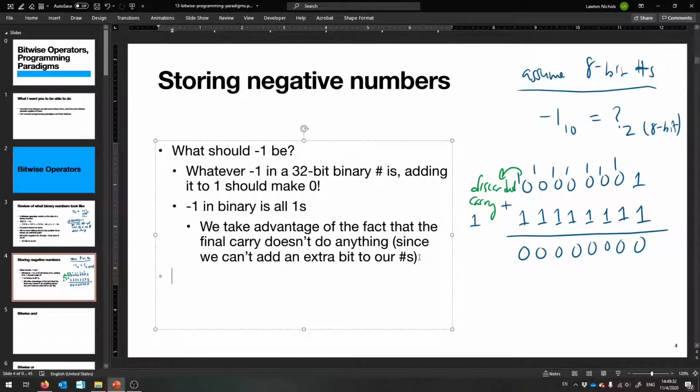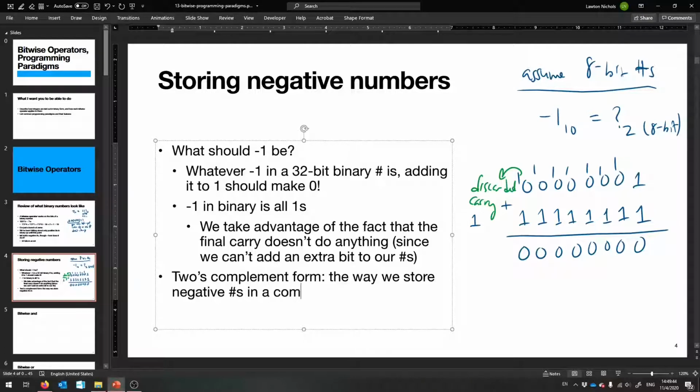The way that we store negative numbers in a computer these days is called 2's complement. And here are the steps that you take to generate a 2's complement number, to negate a number.